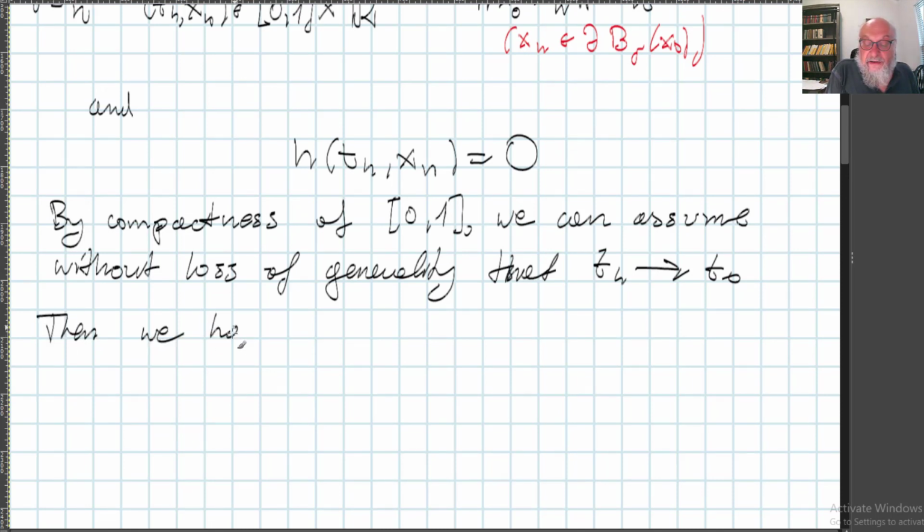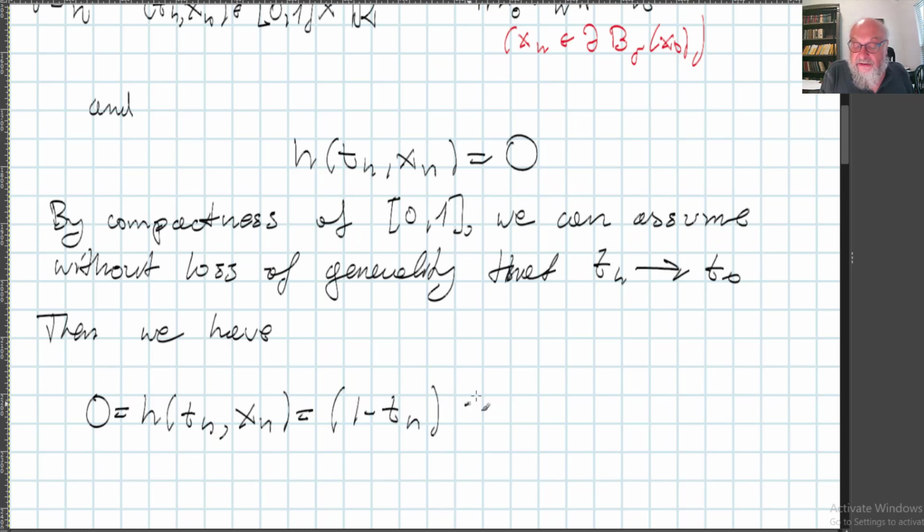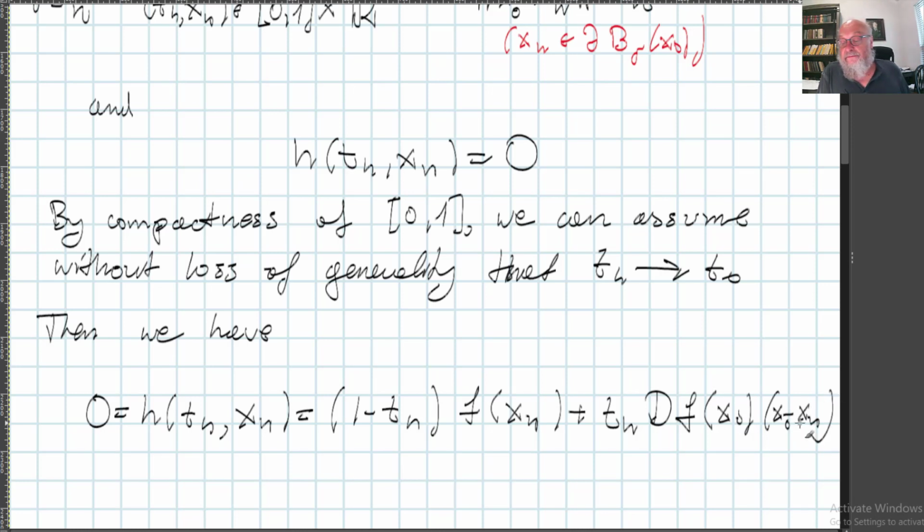Good. Then we have, so let me write it down. So what do I have? I have here 0 is equal to H of tn, xn, which is equal to (1 minus tn) f of xn plus tn df of x naught applied to (xn minus x naught). So let's use the differentiability of f.